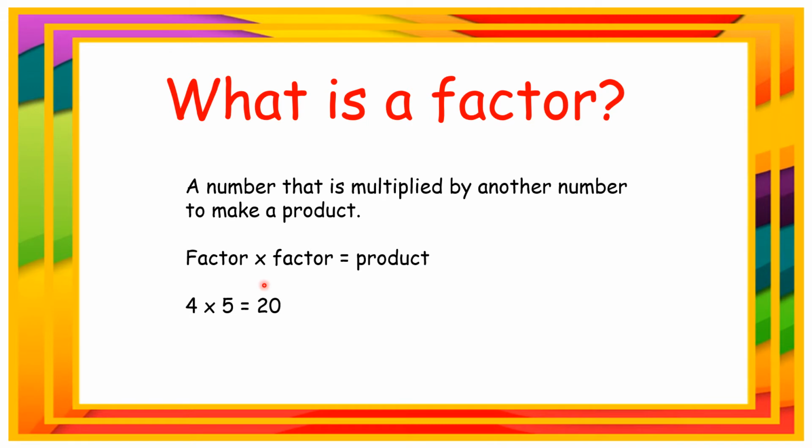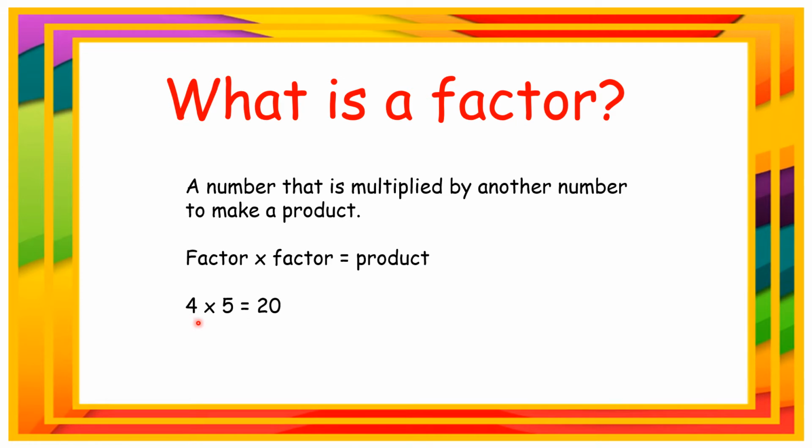So when you are multiplying two numbers together, what you are multiplying is called a factor. So a factor is a number multiplied by another factor, which is another number, which gives us a product. An example is 4 multiplied by 5, which gives us 20.